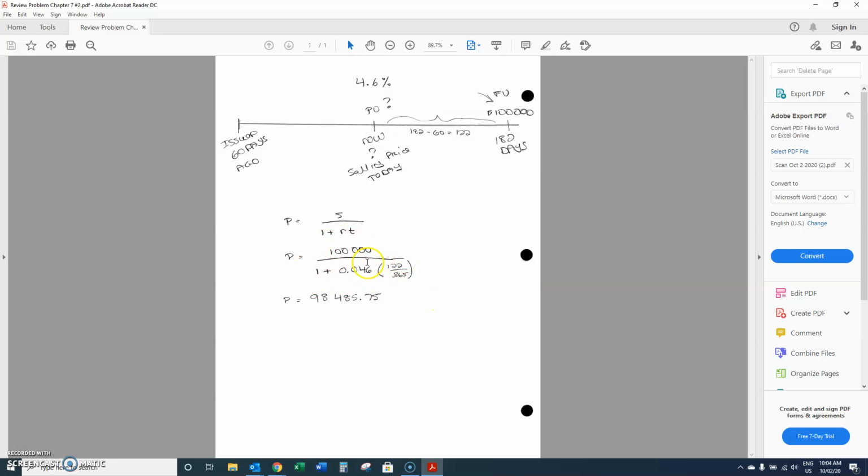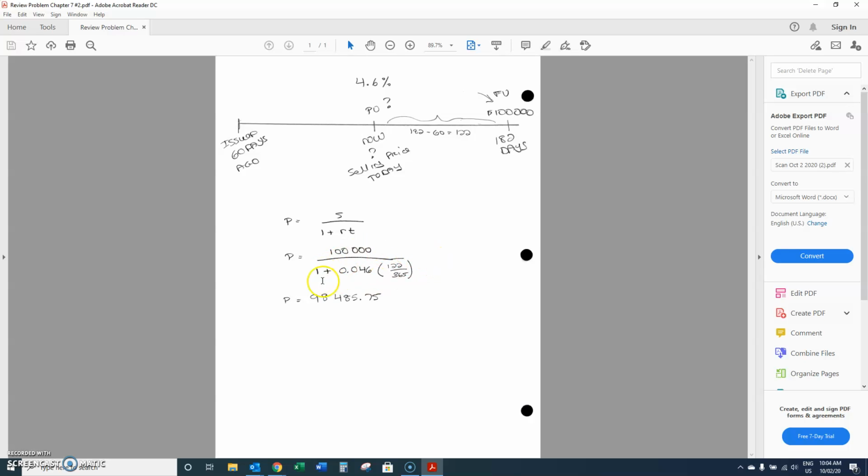Now I can do this in one step on my calculator to avoid any rounding errors. So again, now your calculator, the BA2 Plus calculator does have parentheses. So I would say 0.046 times, and then I would use right above the number 7 your left parentheses, and then I would say 122 divided by 365, and then right above your number 8 is your right parentheses, and then I would plus 1.